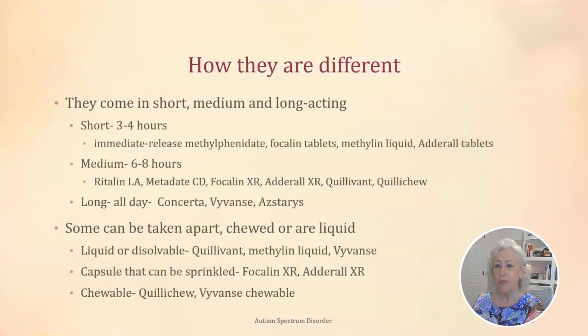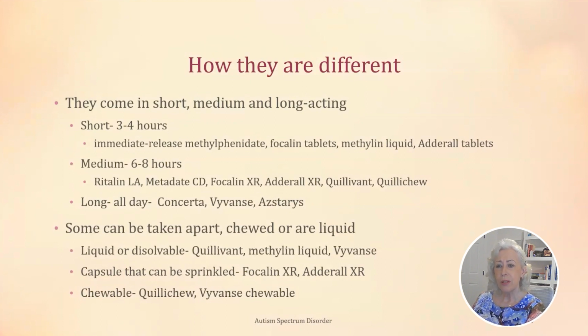There are some differences between the different stimulants, and there are 2 most important differences. One is duration of action, and the other is how the medication is formulated. The stimulants come in short, medium, and long acting. The short are 3 or 4 hours, medium is 6 to 8, and the longest acting are all-day medications. Again, this can vary, but this is just generally how they break down.